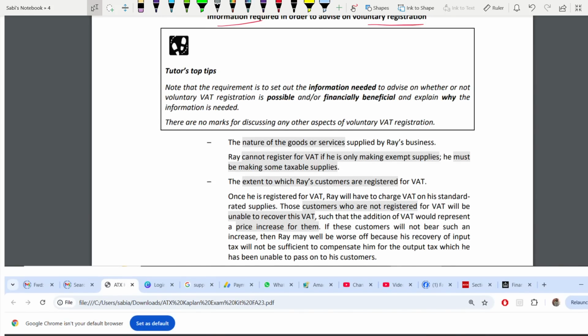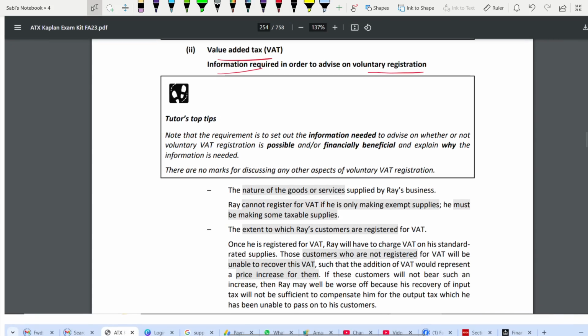First, which information do you need? One is the nature of goods and services. The other one is the extent to which the customers are registered for VAT. Two things. You have to explain also. In the first line you identify the point. In the second paragraph you explain it. First point, you identify the point. Second paragraph, you explain. This should be your approach.